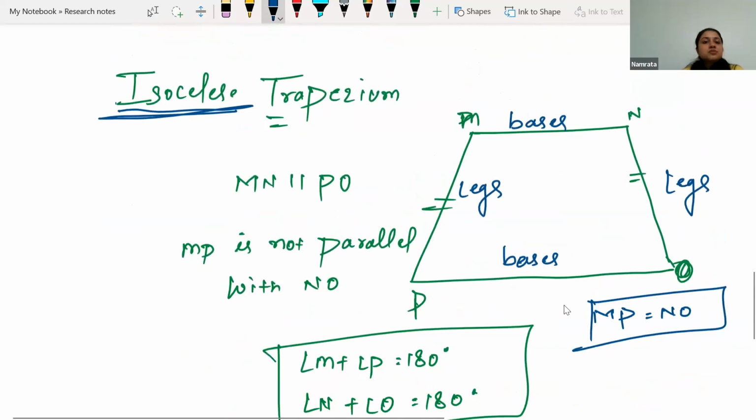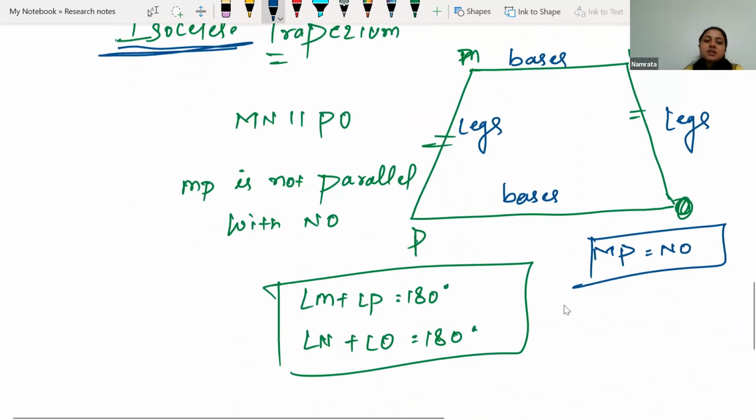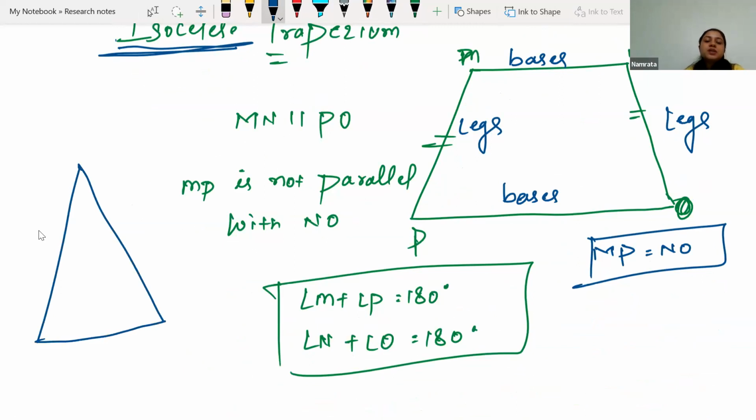There must be two sides the same, because if we are talking about an isosceles triangle, what does it mean? There are two equal sides, right?